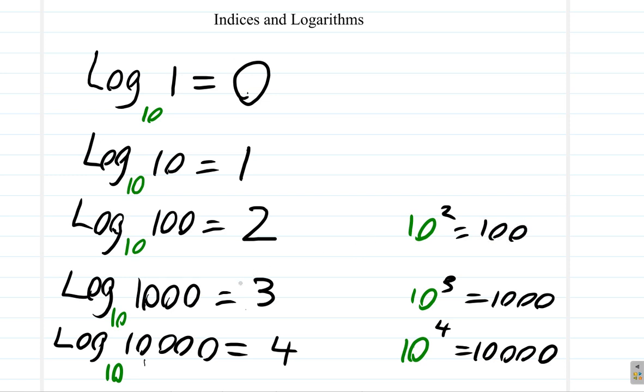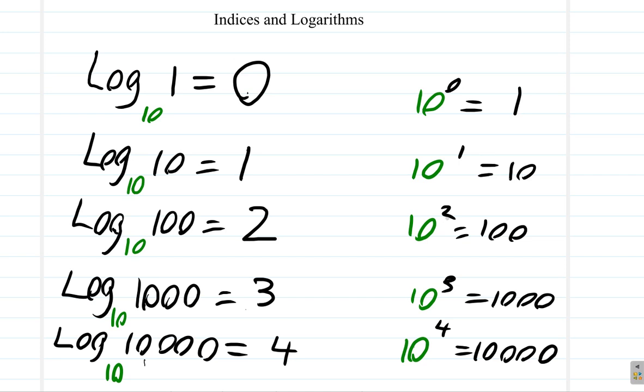You remember your indices? You have to remember your indices and understand them to know these things. 10 raised to the power of 1 is equal to 10. And 10 raised to the power of 0 equals what? You remember? Equals 1. When you raise a number to the 0, you get 1. When you raise a number to the 1, you get the number itself.